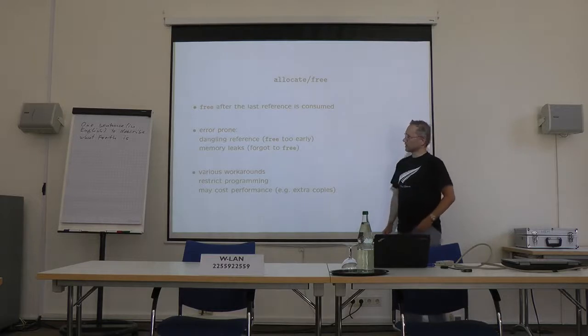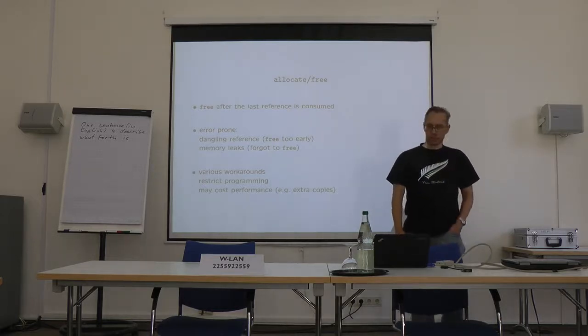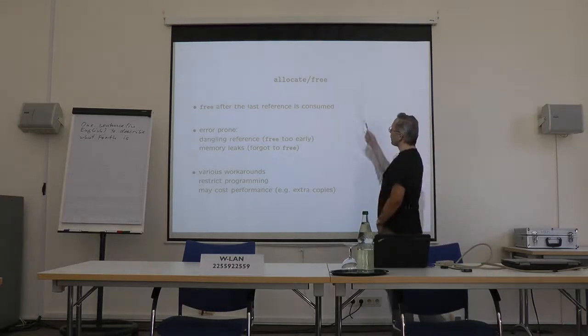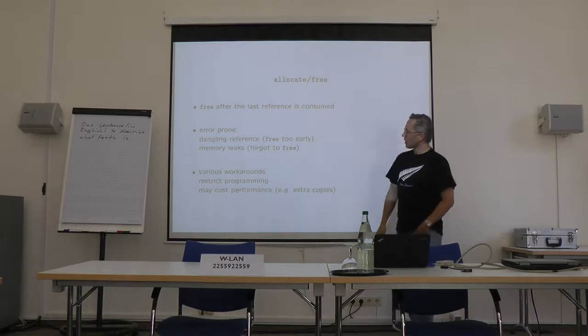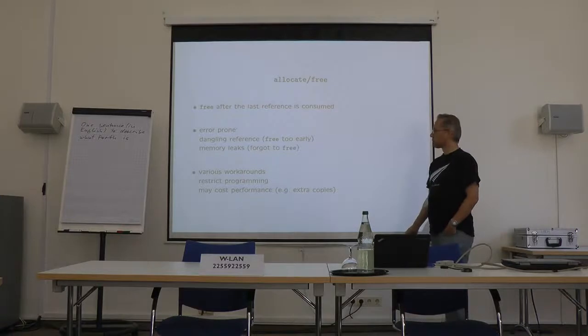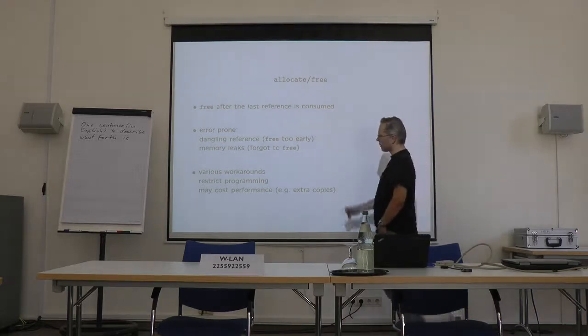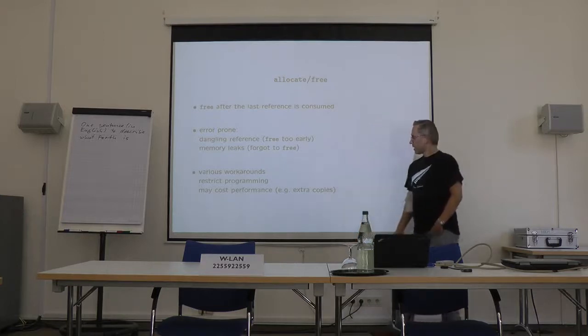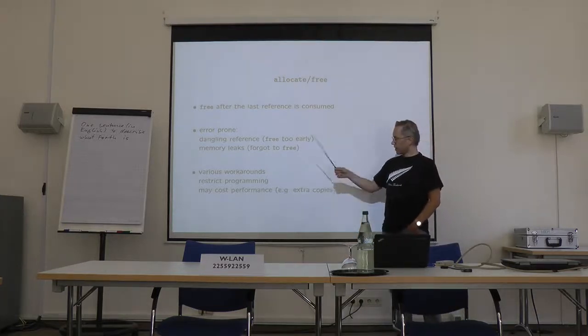One of the perverse things about using tools, you game them. Anyway, so what can we do with allocate and free? To make it less error prone, there are various disciplines of programming with allocate and free to make it work better. And I have not found any that I found satisfactory, but some of them may actually even cost performance.